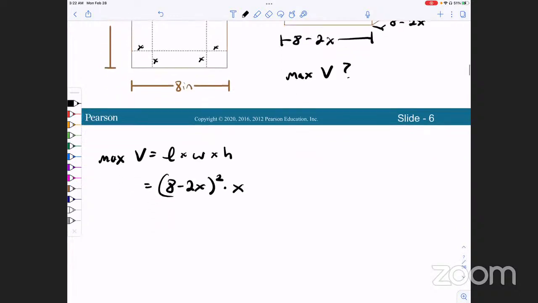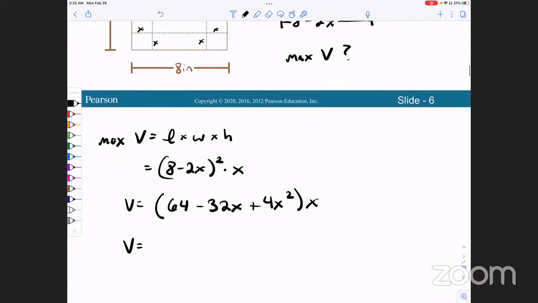Let's expand this out a little bit further. If we FOIL there, we get 64 minus 32x plus 4x squared, and then all of that times x. And so then our volume in expanded form is going to be 4x cubed minus 32x squared plus 64x.